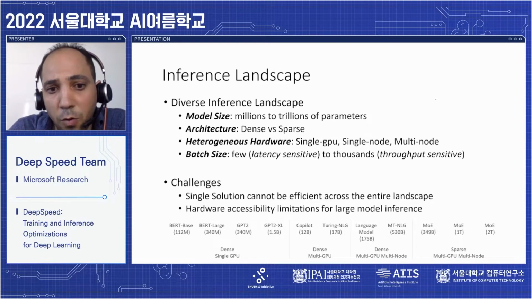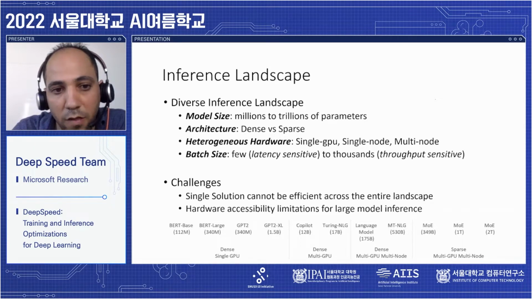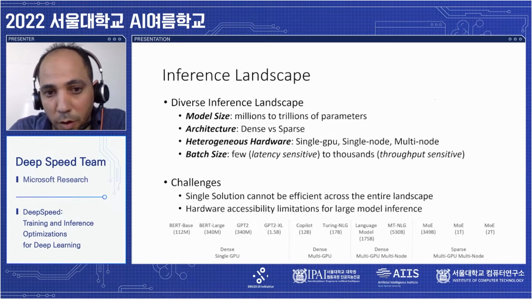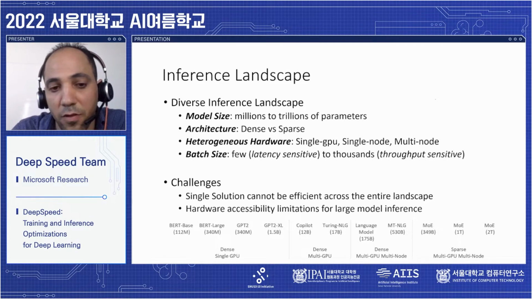So our goal in DeepSpeed inference is to provide a unified solution that can first achieve high performance for the entire landscape, and second, give access to large model inference for data scientists who have access to even very small GPU resources.